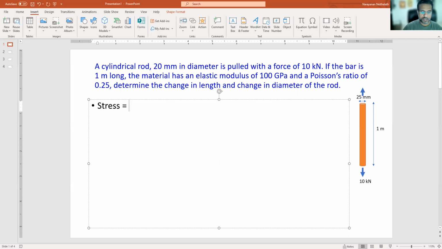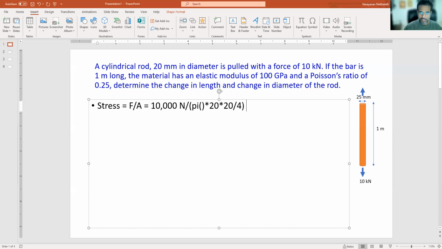So stress is force over area, and the force is 10 kilonewton, which is 10,000 Newton divided by 20 millimeter diameter. So area is pi times d square over 4, 20 times 20 over 4.